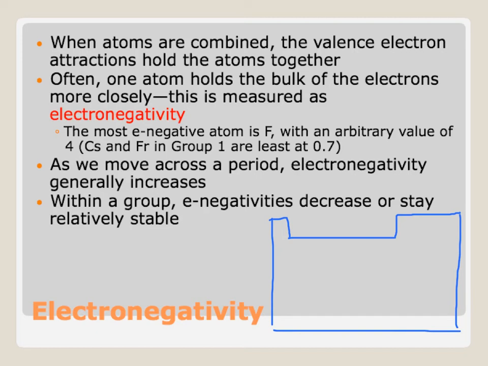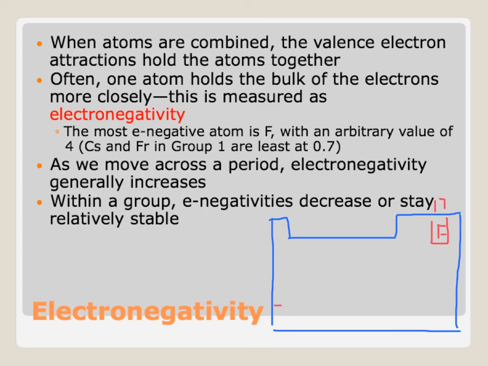The fewer valence electrons, the less it holds. The element with the highest electronegativity is fluorine, which is up here. It's in group 17. It's the top one. And it has the very highest electronegativity. It has 7 valence electrons, and it really holds on to those electrons. It is virtually impossible to get fluorine to give one up.